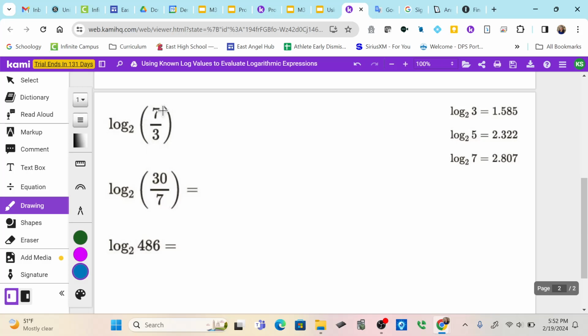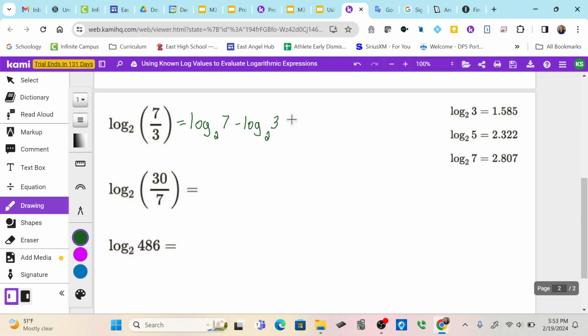So what I can do, I see that I have a 7 and a 3 in my quotients. I also have log base 2 of 3 and 7 as values over here. So I can write this as log base 2 of 7 subtract log base 2 of 3.